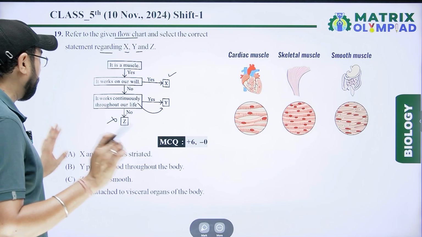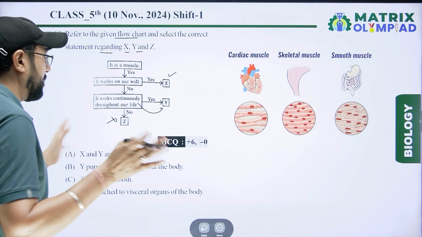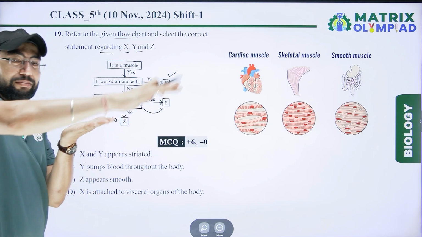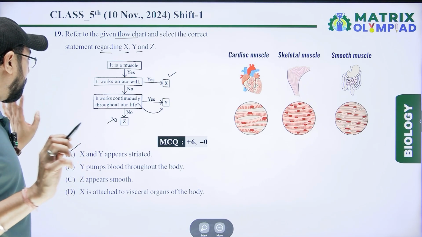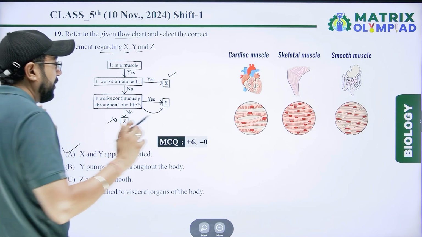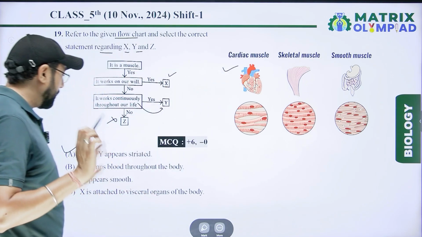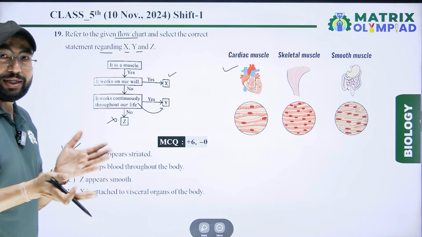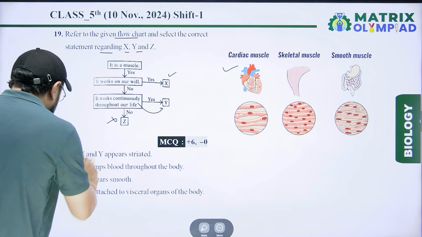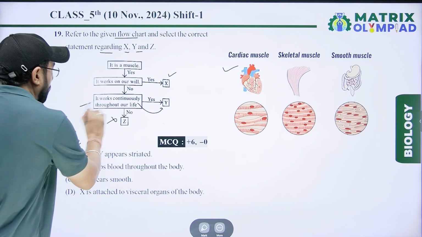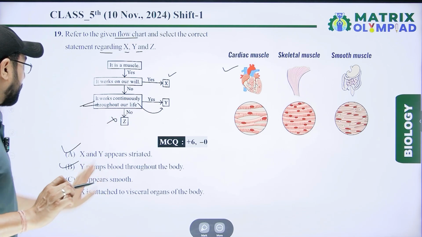X and Y appear as striated muscles. Striations, bands are present. So, right. Next, Y pumps throughout the body because it transfers the blood to the tissues and each organ. Right? Throughout the life. Z appears smooth.